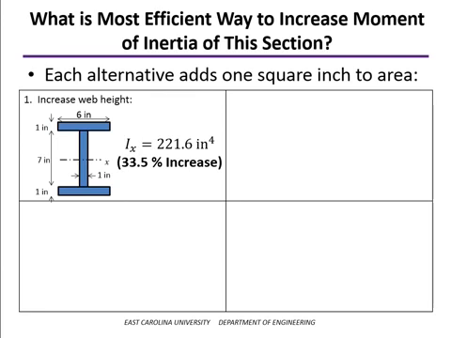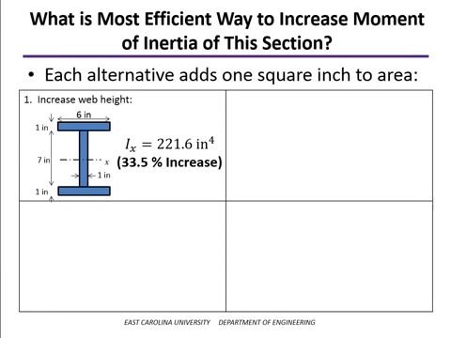So if we increase the web height from 6 inches to 7, we find the moment of inertia increases by about 33%. And remember, adding 1 square inch just takes us from 18 to 19 square inches. So we increase the area or the weight of the beam by about 5.5%, but increasing the height increases our moment of inertia a good bit more than that.